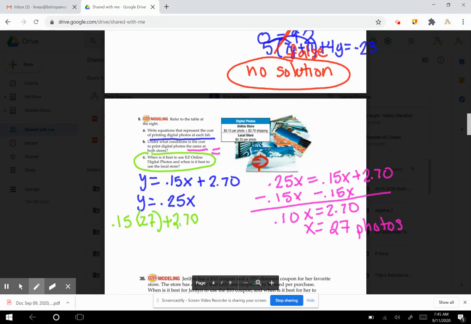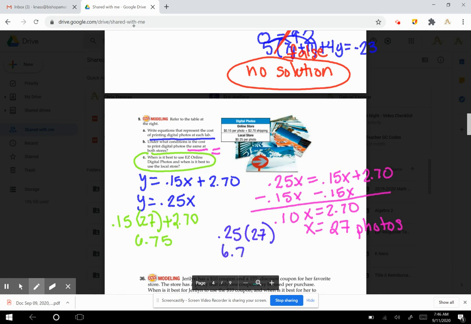So let me do this one. 27 times 0.25. Okay, so this is 6.75. And then if we were to plug 27 into 0.25 times 27, it is 6.75, right?